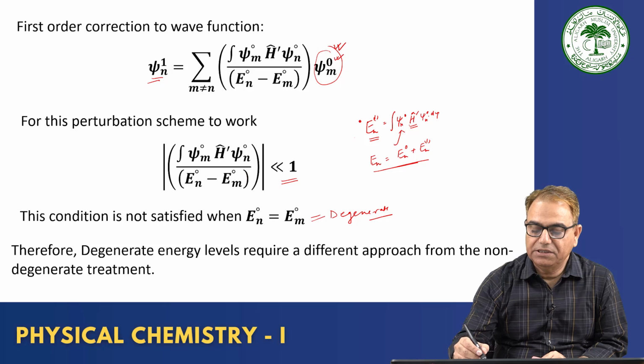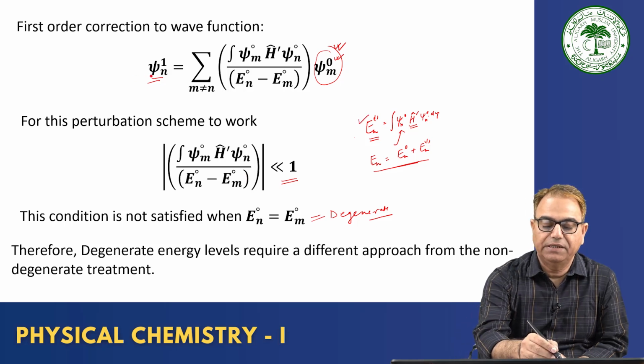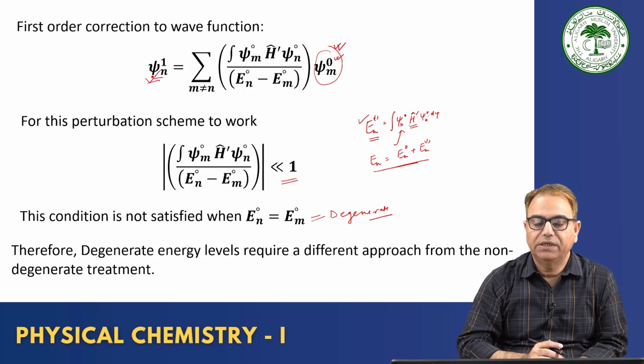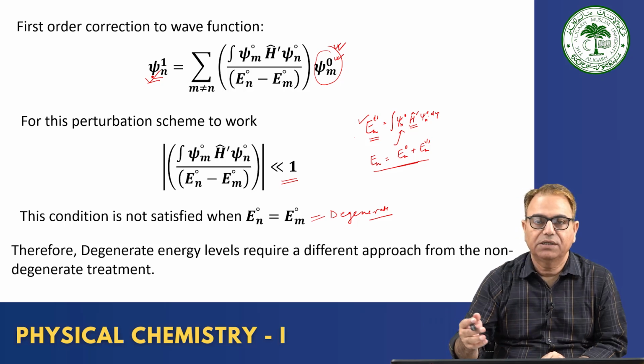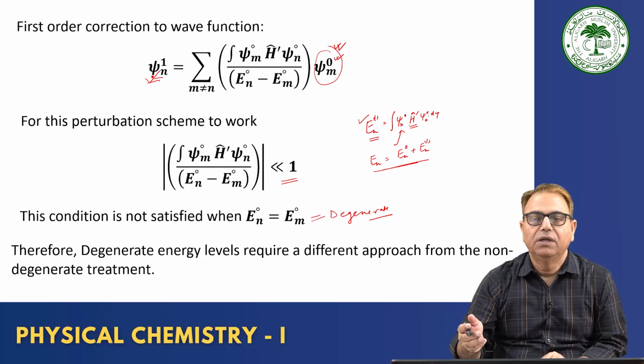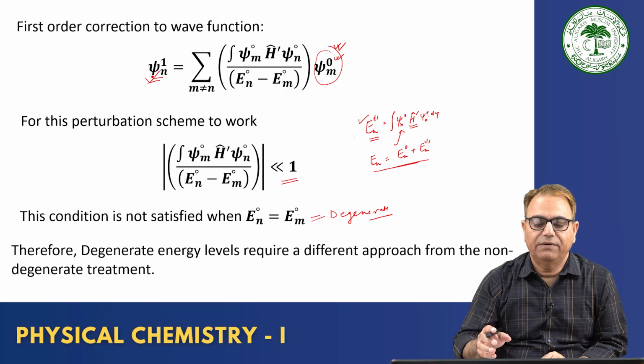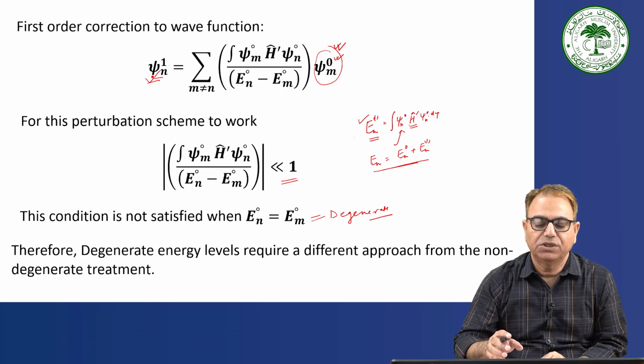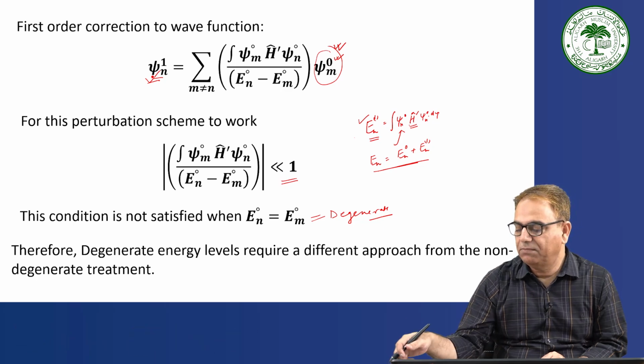Once we have the relationships for psi n1 and En1, the first order corrections to energy and wave functions, I have given you in the previous slide the second order correction to energy also, but we will not do that. Now we will see how we can apply these equations to a particular specific problem.